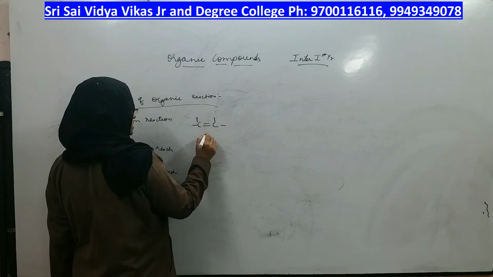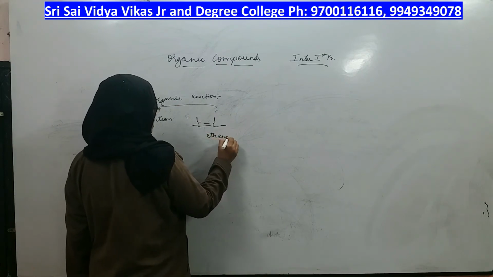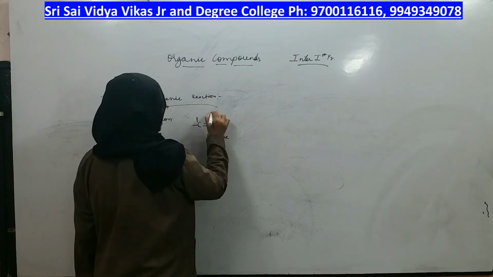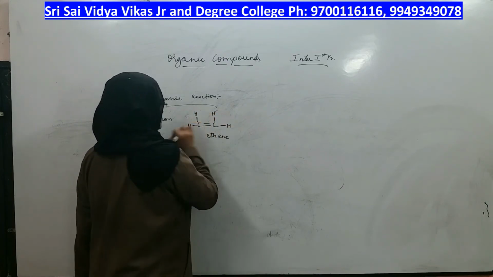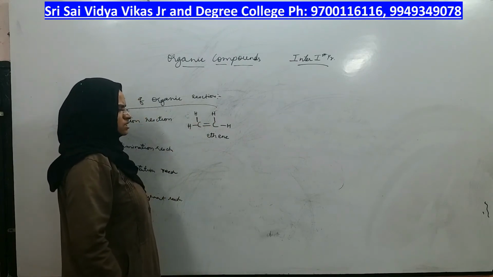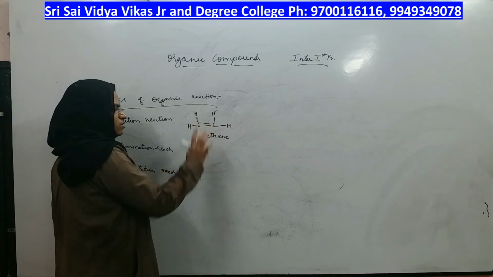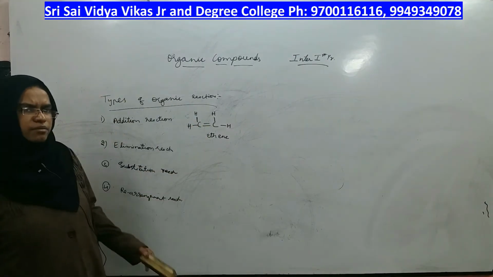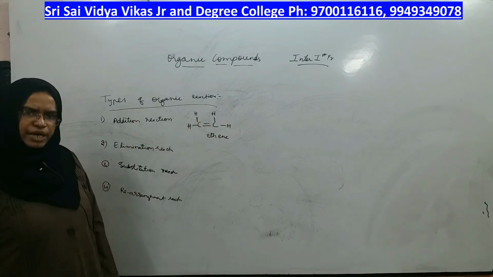If two carbons are there, it is called eth. If a double bond is there, ene. This molecule is called ethene, right? In this compound, each carbon has 1, 2, 3, 4 bonds only, right? But there is one sigma bond and there is one pi bond.